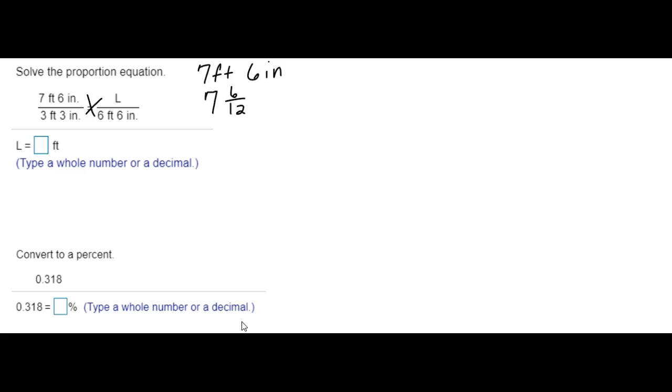Therefore, we could write this in the format of an improper fraction. 12 times 7 add 6 gives us 90 over 12. So what I chose to do in this case was I converted this to feet.